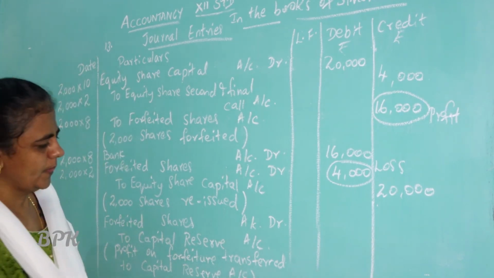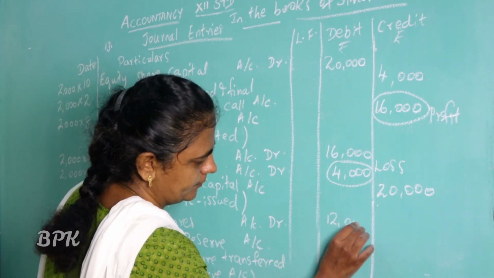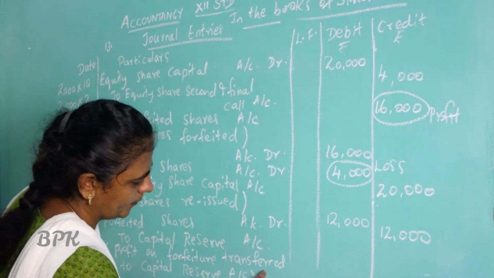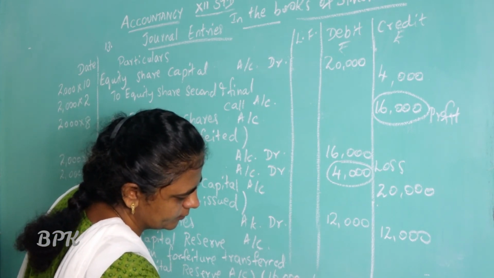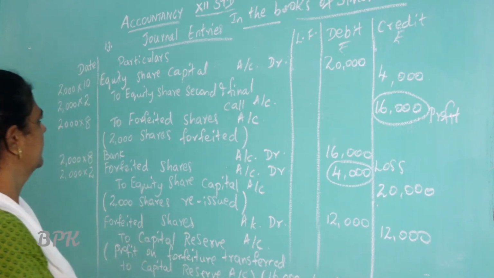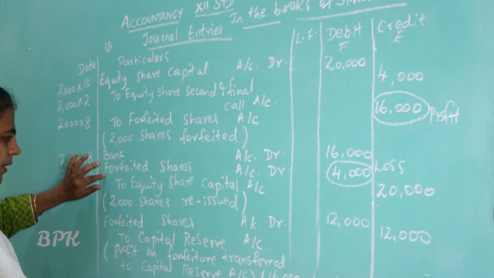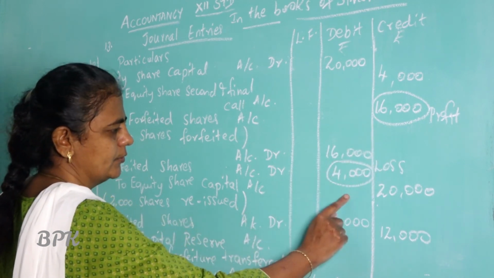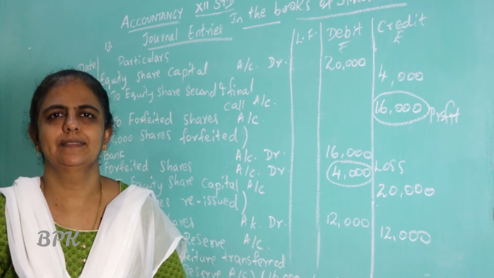So this 16,000 minus this 4,000 will give you 12,000, which is your capital reserve. So the profit on forfeiture 16,000 minus 4,000, 12,000, goes to capital reserve account. Hope you understood, children.